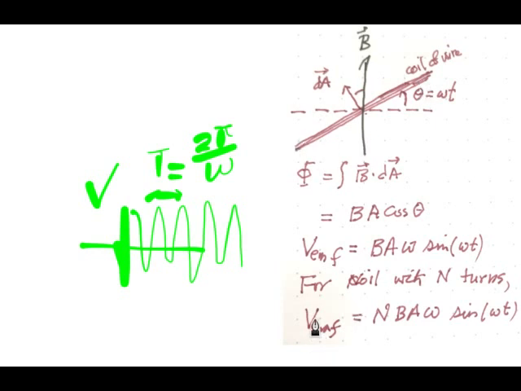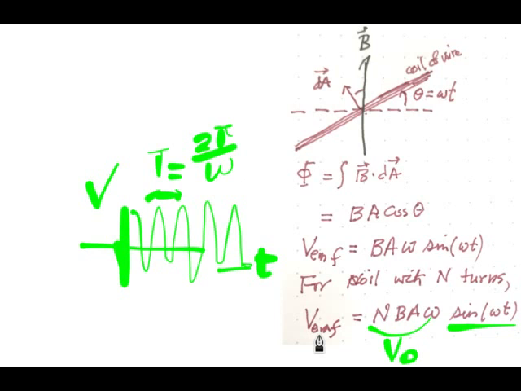So the alternating voltage will be NBA omega sine omega t. Here's the alternating time dependence. So this is as a function of time. The period is 2 pi over omega, sine omega t has period delta t equal to 2 pi over omega. And this would be the amplitude of oscillation.